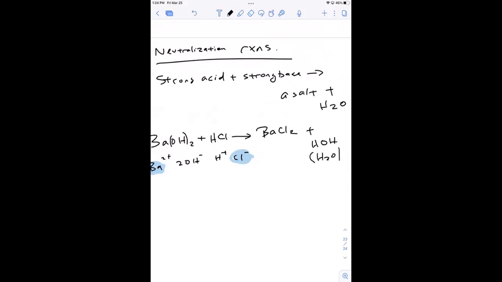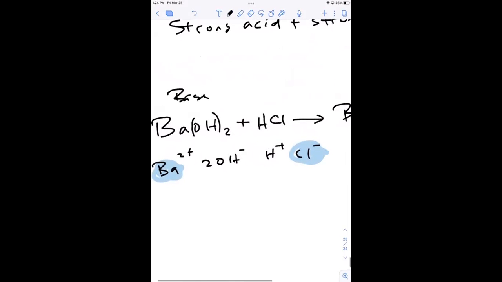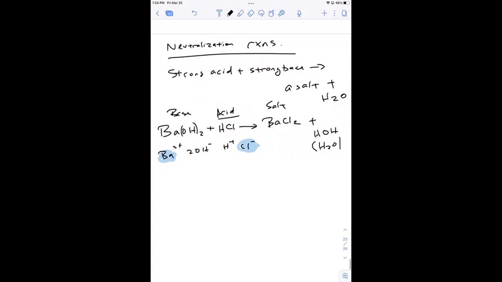All right, so this is your base. This is the acid. Right, this is my salt and water. Is this balanced?